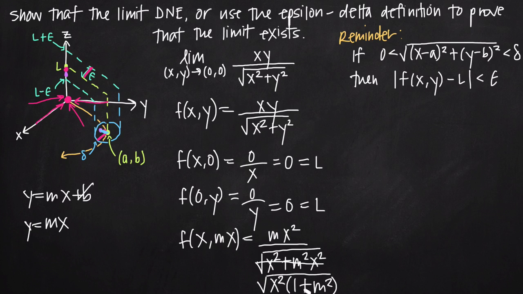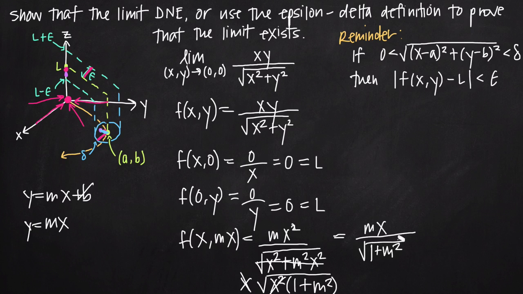So that's our new denominator. We can take the square root of the x squared, and we just get x out in front. Now we can cancel an x from the numerator and denominator. We're just left with mx divided by the square root of 1 plus m squared, like this.